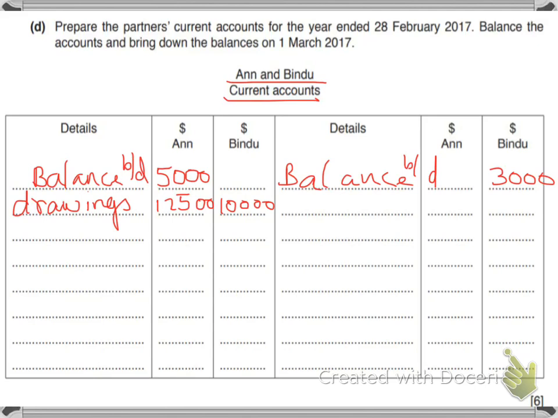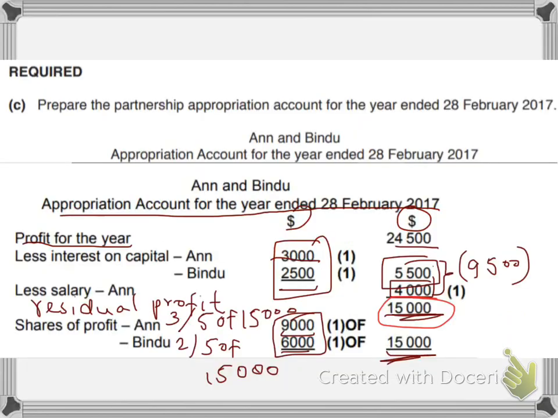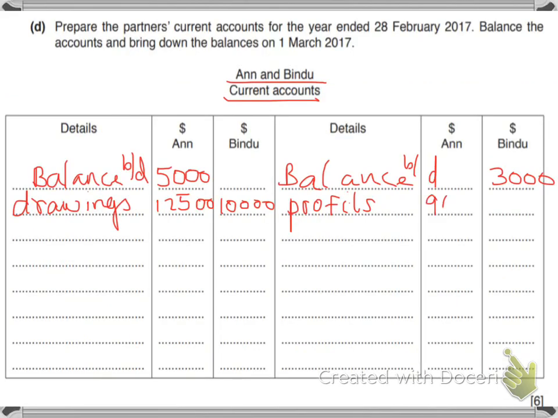And again, they've made a profit, so we need to record the profit on the credit side. So profits we record here, in the ratio in which they shared the profit. So Anne 9,000 and Bindu 6,000. After that we also need to record the salary on the credit side.